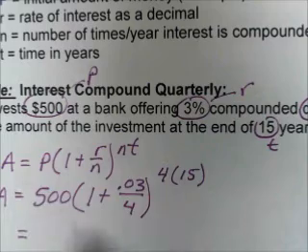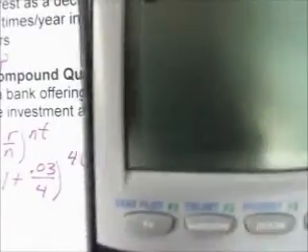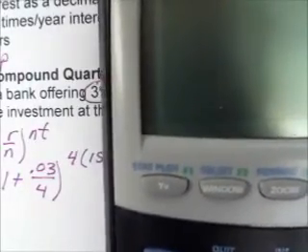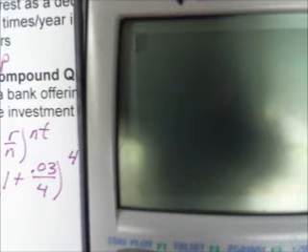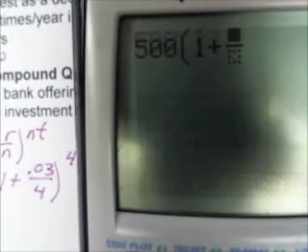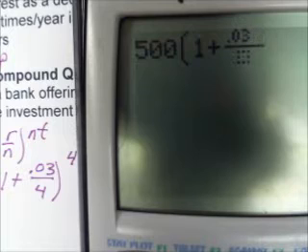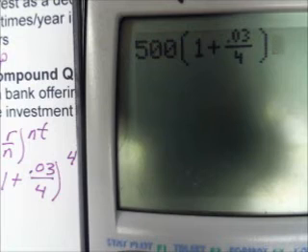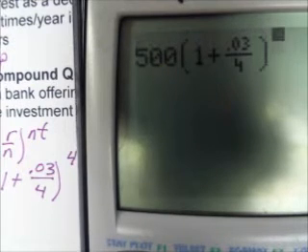And I would key this into the calculator exactly as it is there. All right, so that's 500. Clear that. 500, parentheses, 1 plus fraction, alpha y equals 0.03 divided by 4, arrow out of the fraction, close the parentheses, and raising it to the exponent of 4 times 15.